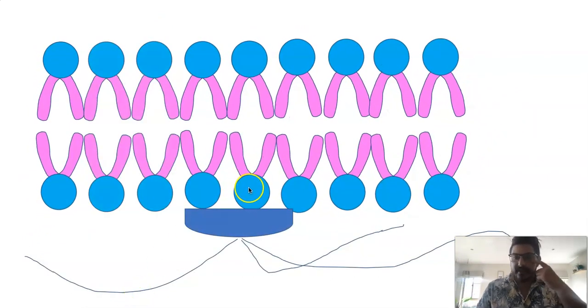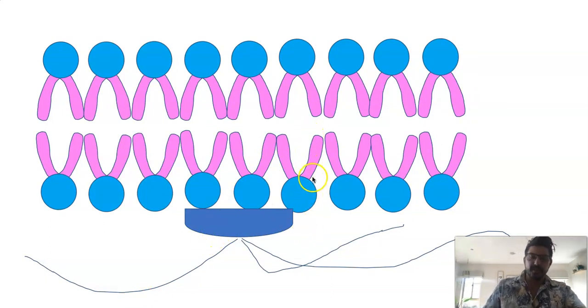We also have anchoring proteins on the inside of our cell for one of the organelles that I didn't discuss in the organelles video, which was the cytoskeleton. So the cytoskeleton is one of the organelles inside of eukaryotic cells that offers a structural role to the cell.